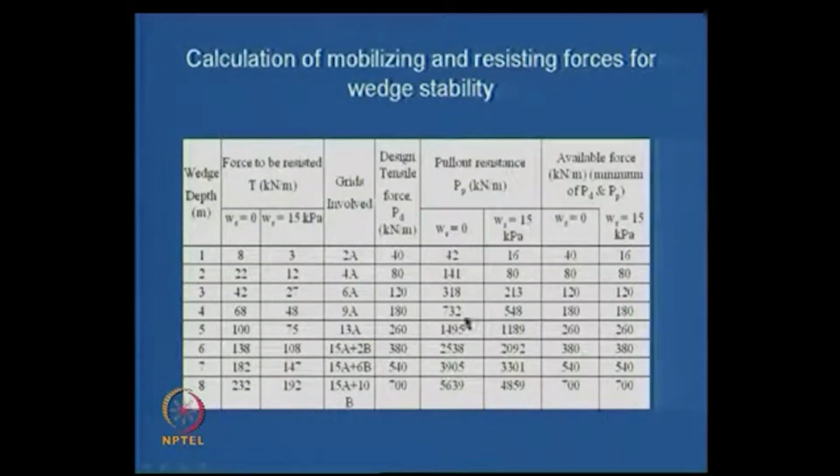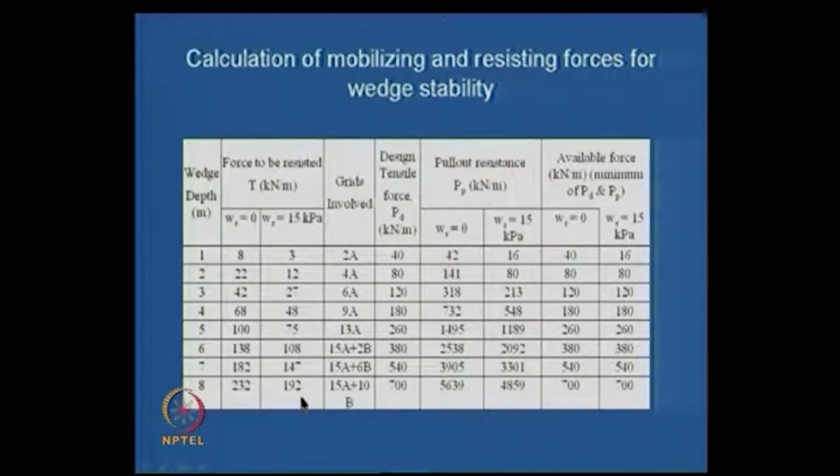Say for example, at 0, WS equal to 0, say this is 5639 is a pull out resistance available, the design tensile force is 700. So that's what we see, that all the time the design requirement is satisfied here in terms of the tensile forces and the force to be resisted.